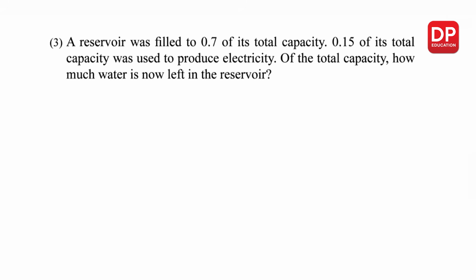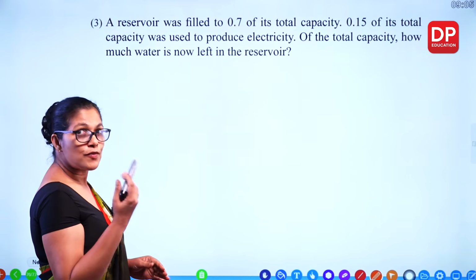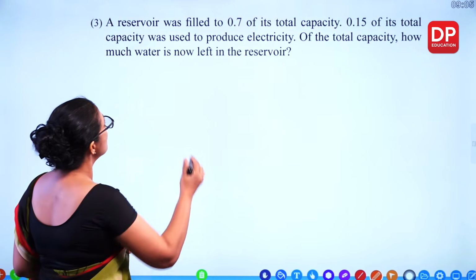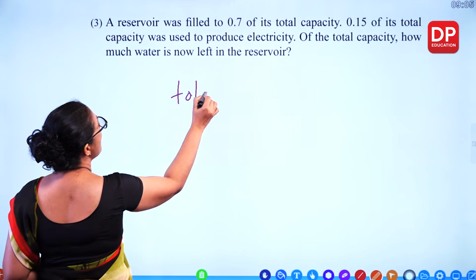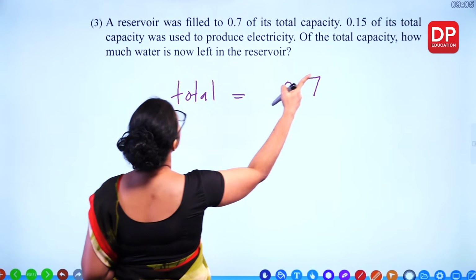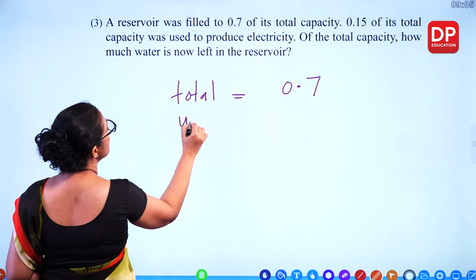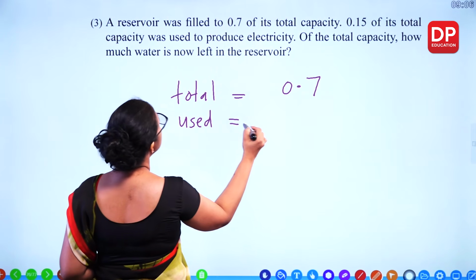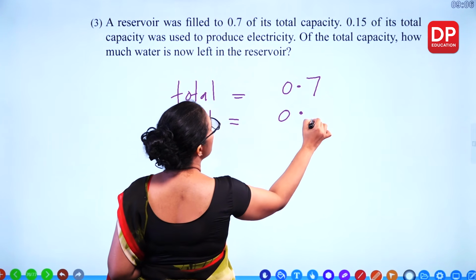Question number 3. A reservoir was filled to 0.7 of its total capacity. 0.15 of its total capacity was used to produce electricity. Of the total capacity, how much water is now left in the reservoir? So that means subtraction. So the total capacity is 0.7. The used capacity is 0.15.